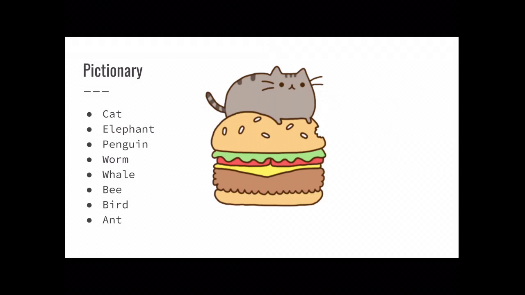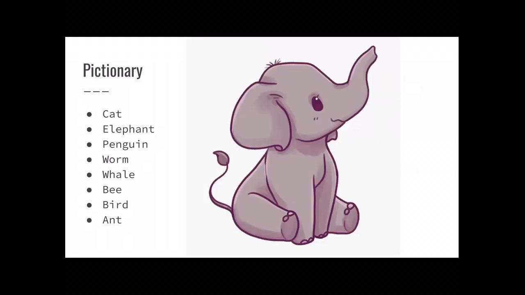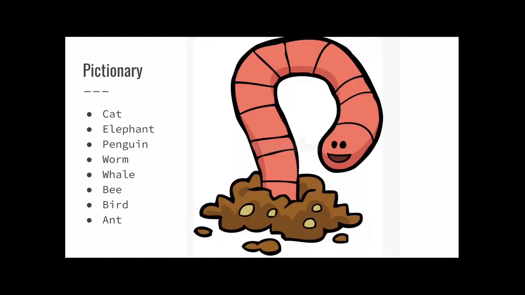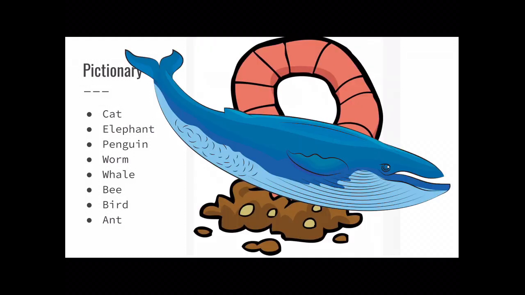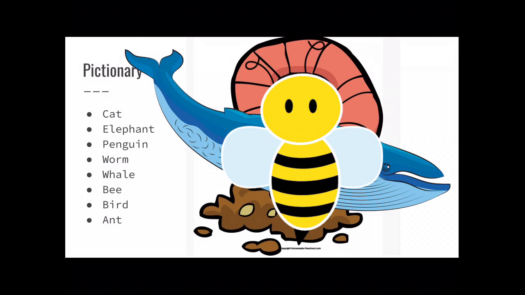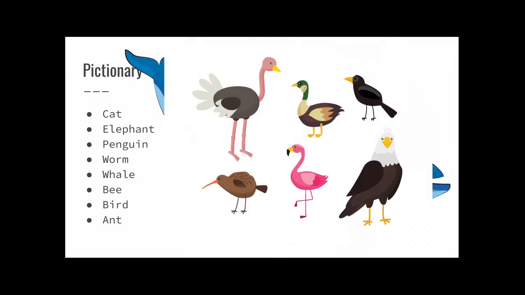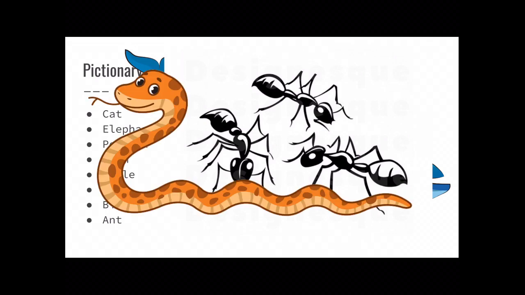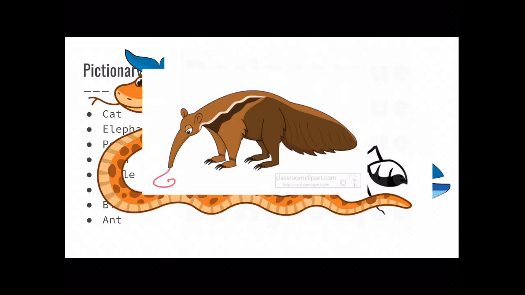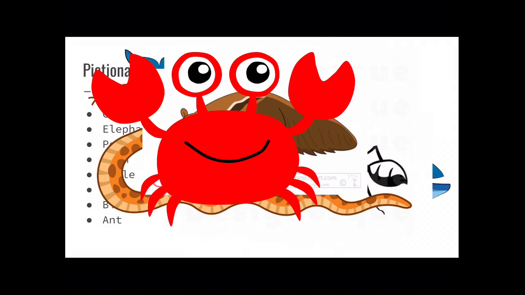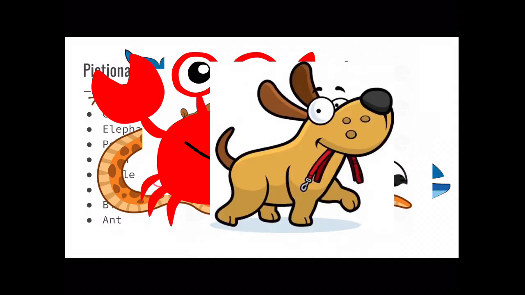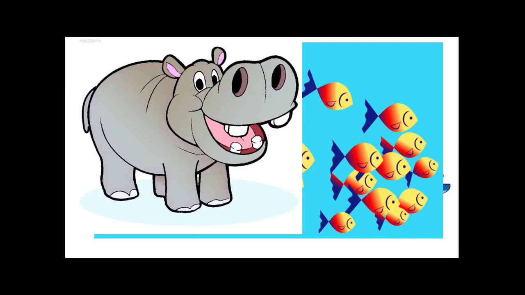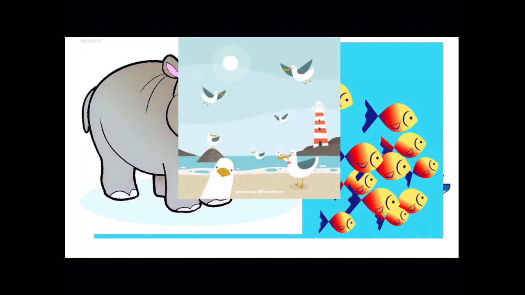Here is a cat, an elephant, a penguin, a worm, a whale, a bee, birds, ants, snake, an anteater, a crab, a dog, fish, a hippo, and seagulls.